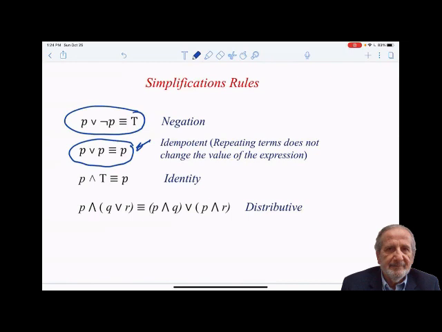And we will see how that's going to be used. P and T is always P. And this one here is the distributive law: P and Q or P and R gives P and, in the middle, Q or R. That's the distributive law, and we will use that shortly.